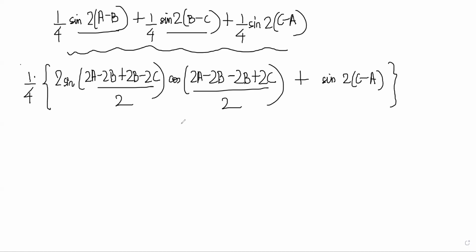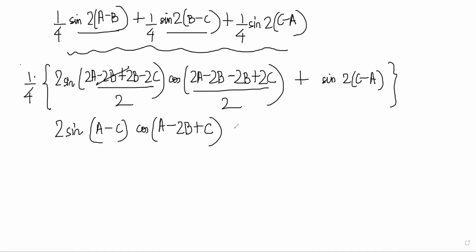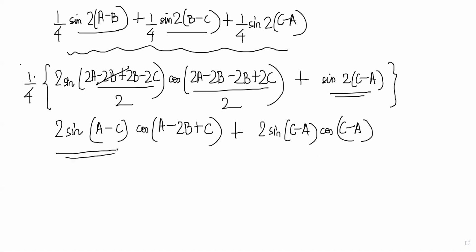Correct. Yes, sir. So this is becoming 2 sine A minus C, and this is becoming cos of A minus 2B plus C. Notice you can take 2 sine A minus C common outside, right? Yes, sir.